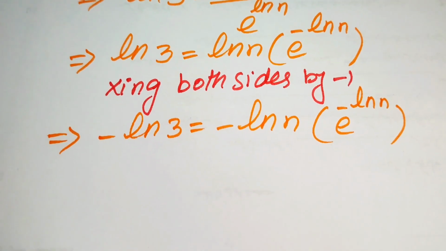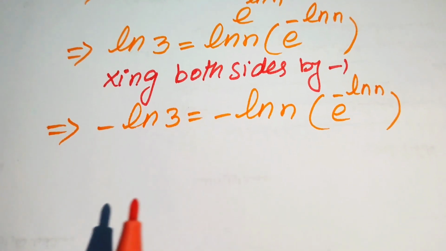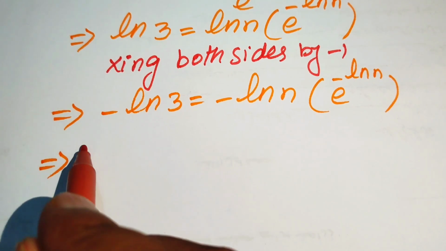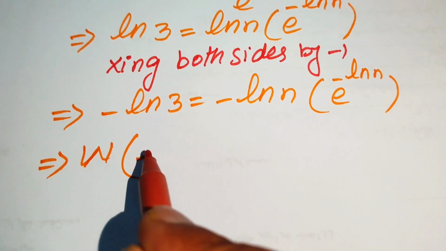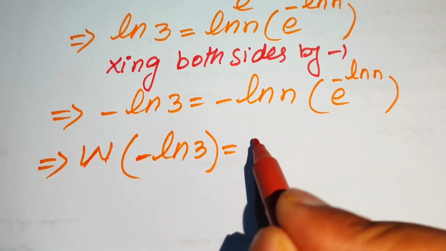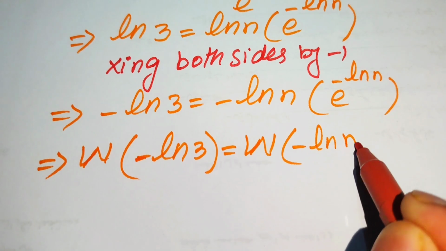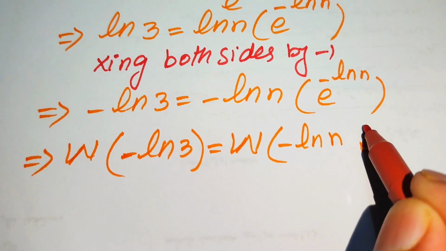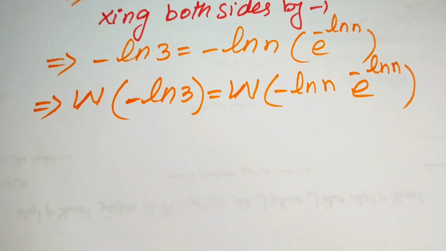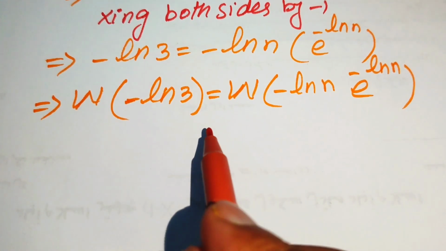Here we are ready to apply the Lambert W function, because we have made all the conditions of the Lambert W function. So we apply W on both sides, and it will be written as W of minus log 3 equals W of minus log n times e to the power of minus log n.